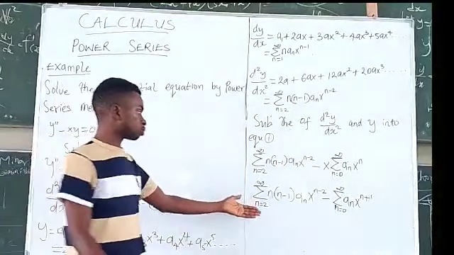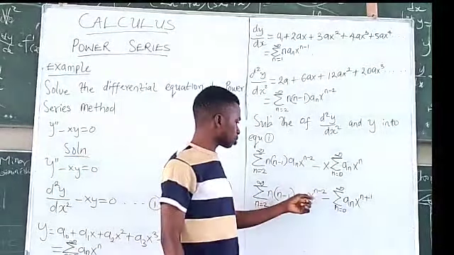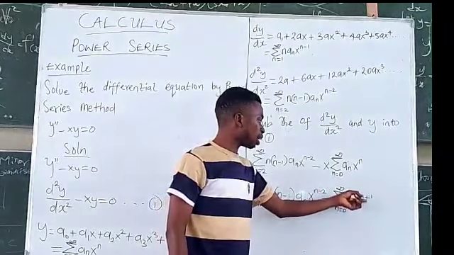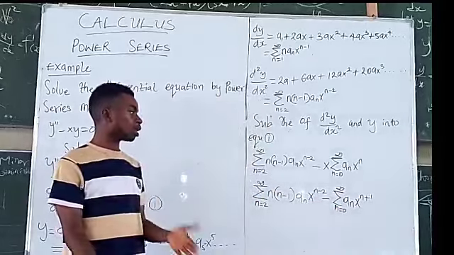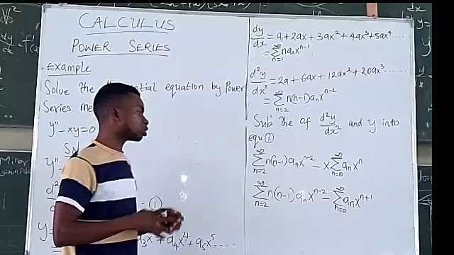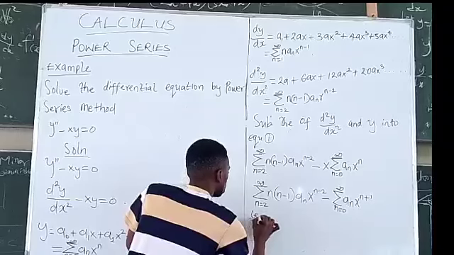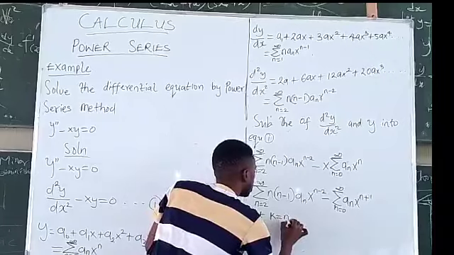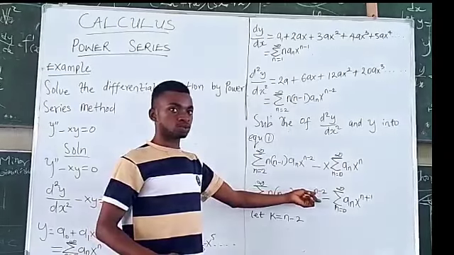From this part now, we are going to look for a way to make x^(n-2) and x^(n+1) have the same power. How can we make them have the same power? For this part, let k be equal to n - 2.